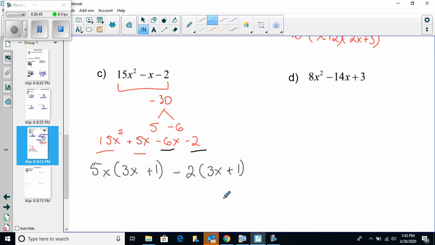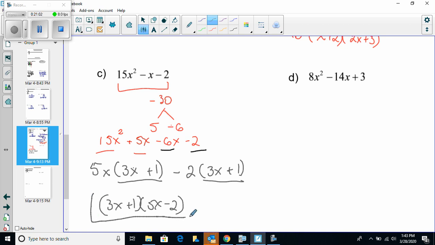You can check it by FOILing. Now you have two common monomials, so 3x plus 1 times 5x minus 2 will be the factored form of this quadratic.